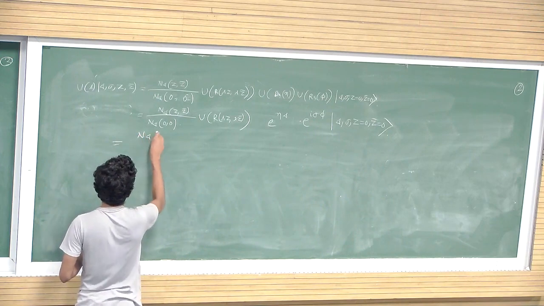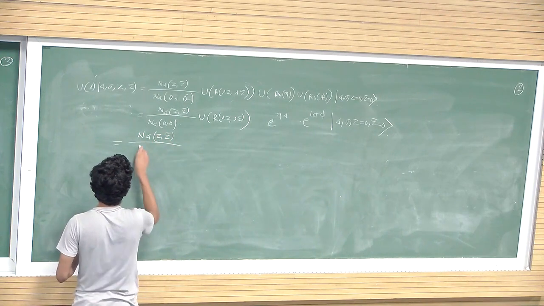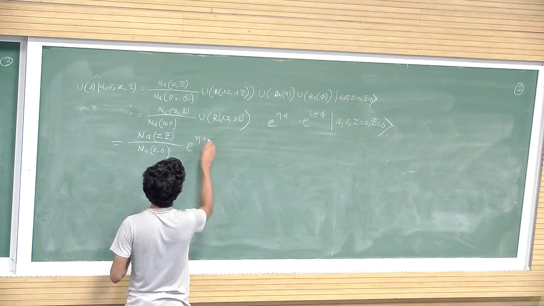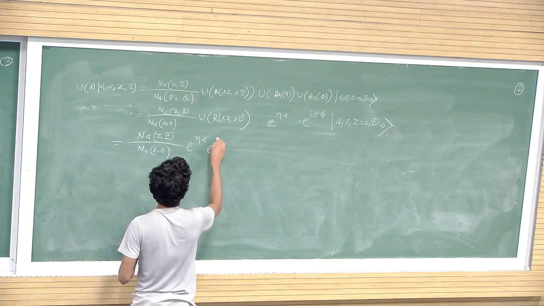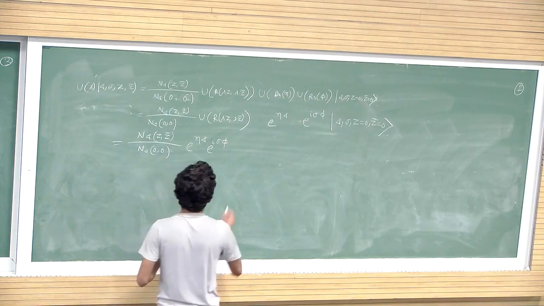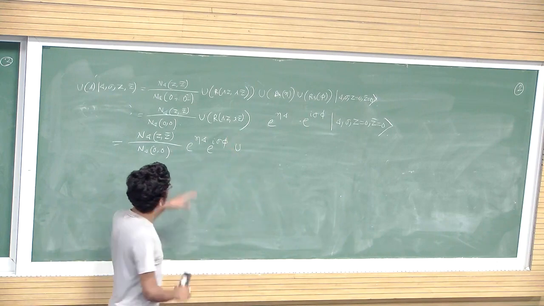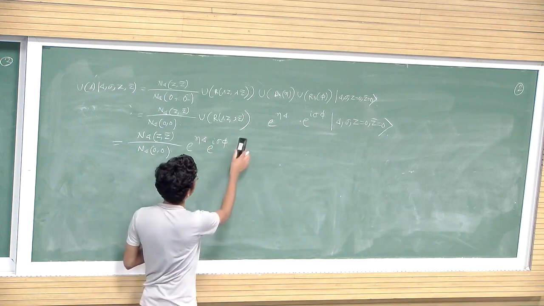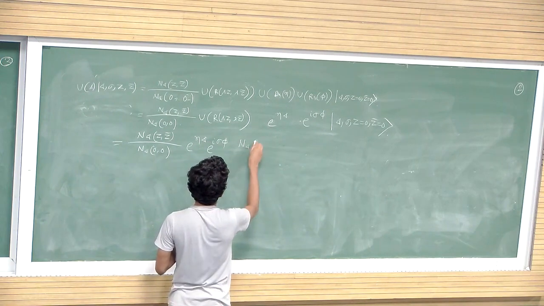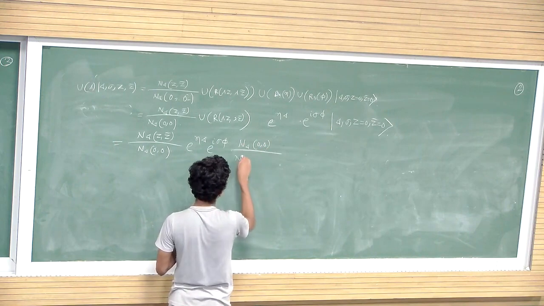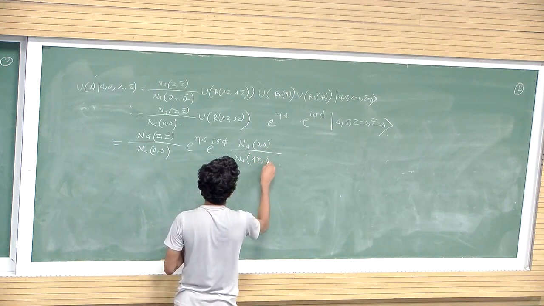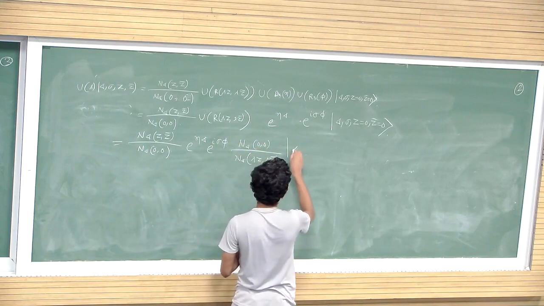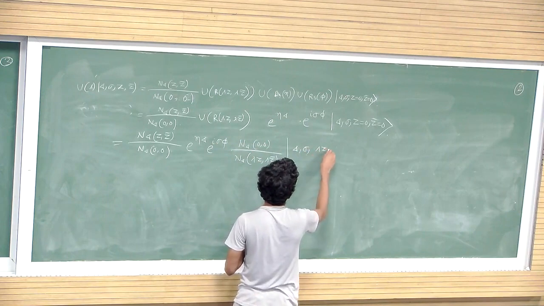So you write this as e to the power eta delta, e to the power i sigma phi, and then U of R lambda z bar acting on this state. When R lambda z bar acts on this state, it will give you something like N delta 0 comma 0 by N delta lambda z bar, and under this rotation z will go to lambda z bar.